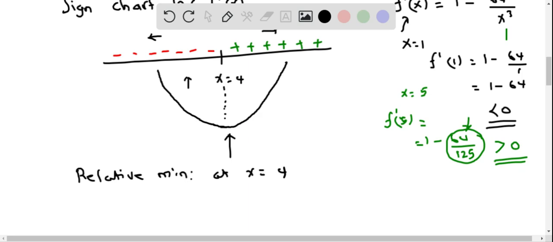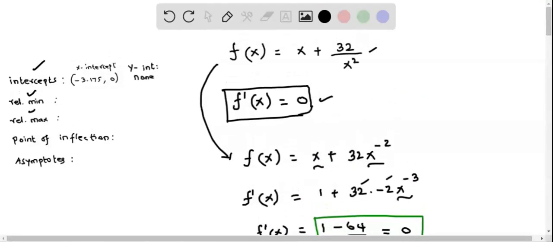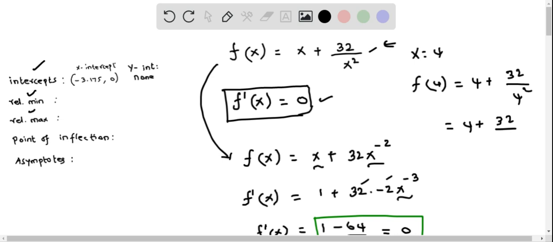or otherwise we can write the coordinates of the relative minimum. That is, we need to find the y from f of x. So let's put x equal to 4 into f of x to determine the y coordinate. So therefore this becomes f of 4 equals 4 plus 32 over 4 squared, and 4 squared is 16, and so this becomes 4 plus, we can cancel this as 2, so 4 plus 2, and this gives 6.